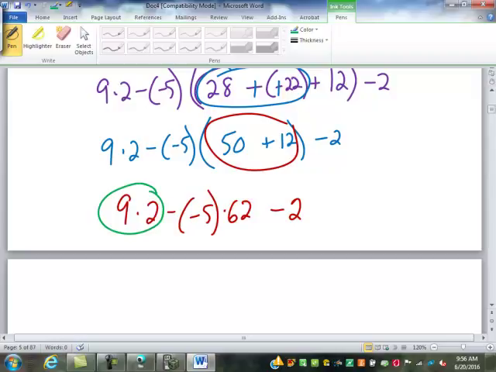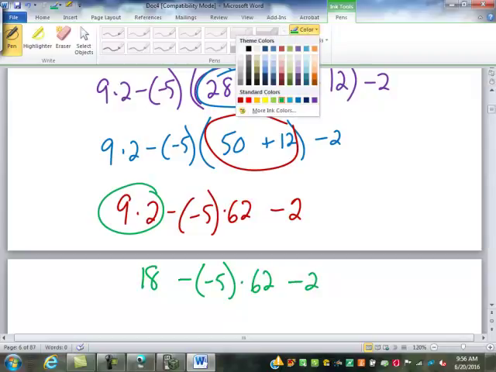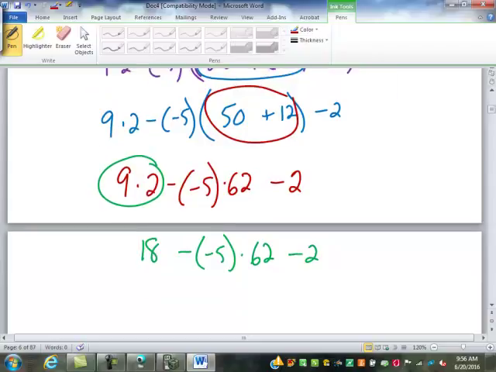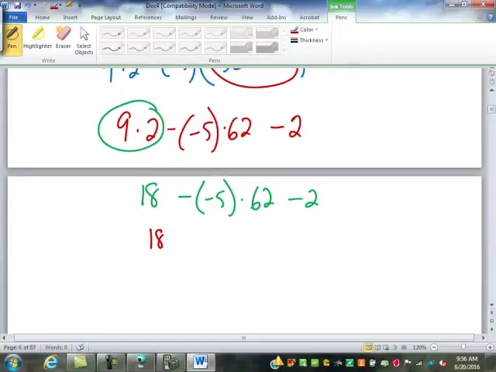Now we can go back and do the 9 times 2, which is 18. And we have the negative 5 times 62. Now this is still a minus here.